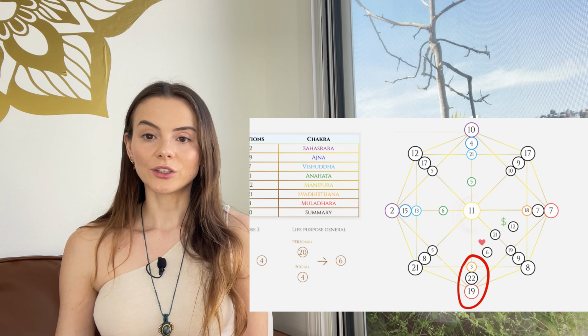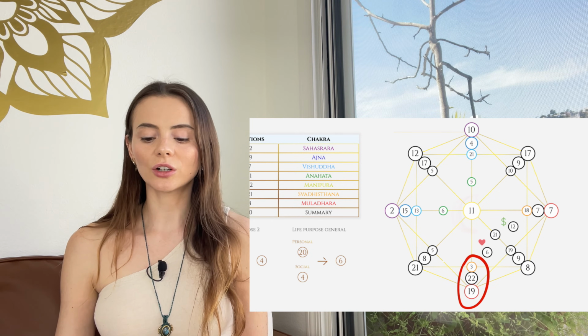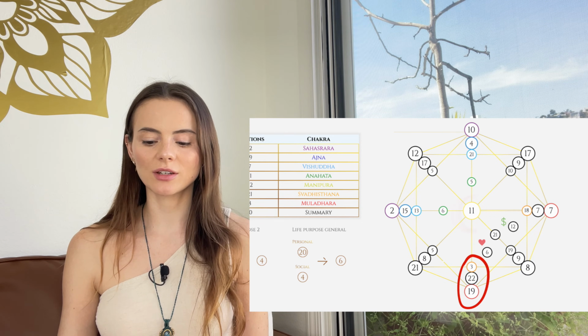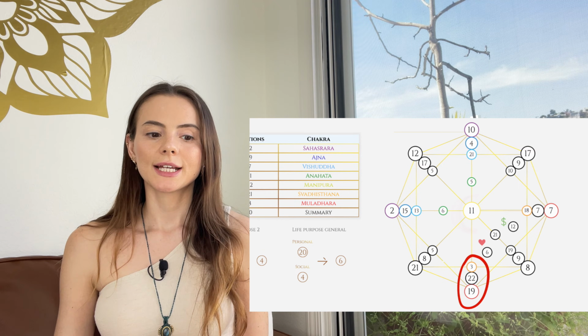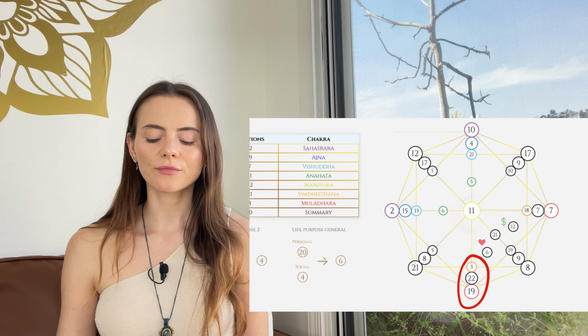Very important energies, because usually when we start our life, we start in the negative aspect of these energies, because we didn't manage certain lessons in our past lives that are represented by these energies.